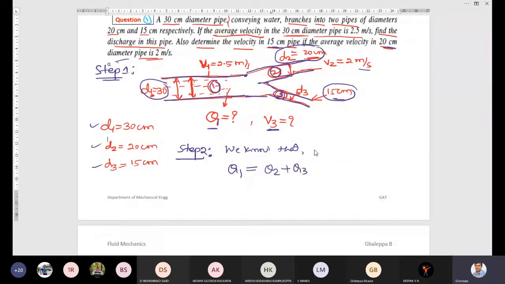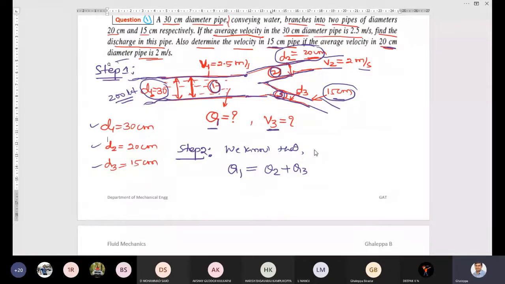What does it mean? For example, here 200 liters of water is flowing through this pipe. Let us assume 200 liters of water is flowing through this pipe. So at the end, in the second pipe and third pipe, the discharge in the second pipe plus the discharge in the third pipe will be equal to 200.